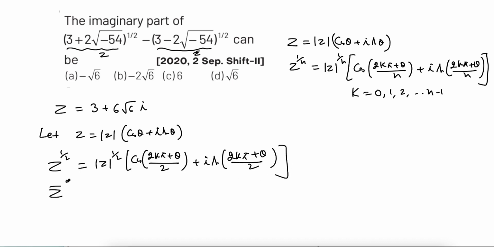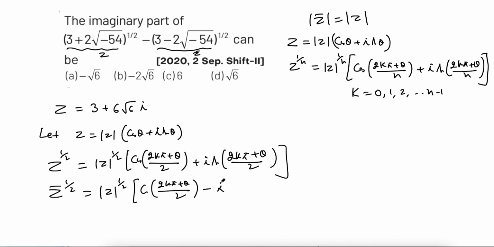And z bar to the power 1 by 2 will be what? Mod z to the power 1 by 2, because mod z bar and mod z are both the same thing. So we can use the same logic, and we get cos of (2k pi plus theta) by 2 minus i sin of (2k pi plus theta) by 2. Yes, this is the z bar. Z bar means replace i by minus i, nothing else.